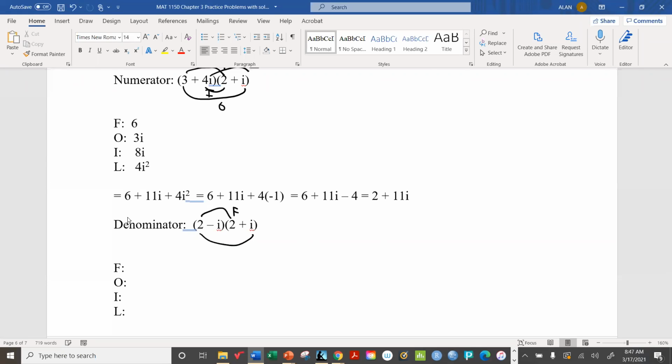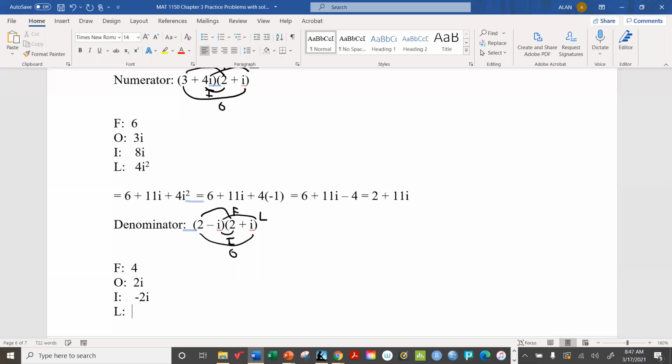O, I, L. All right. So that means F would be 4. O would be 2i. I would be negative 2i.